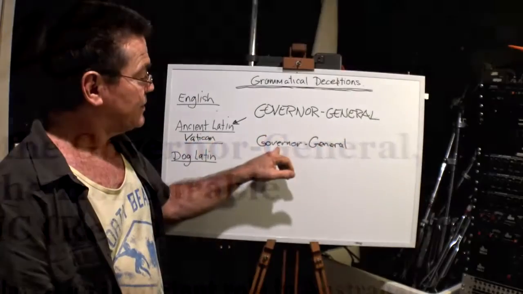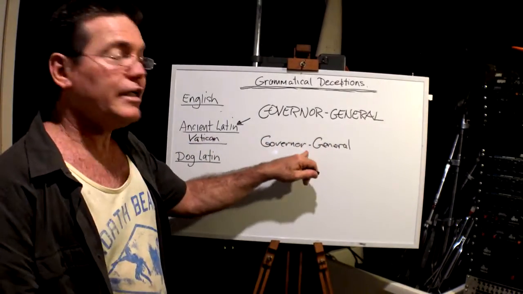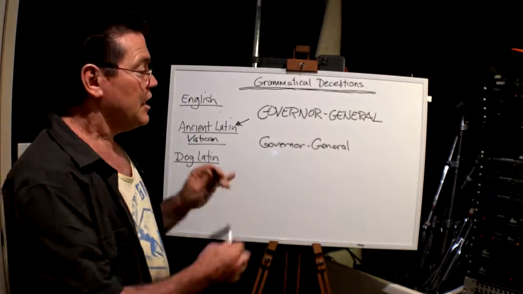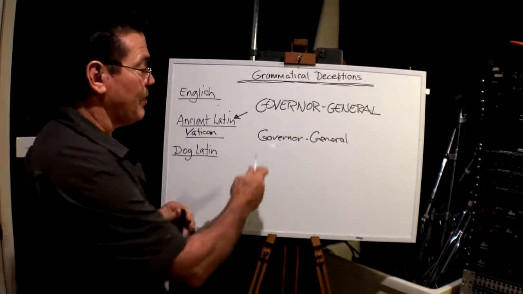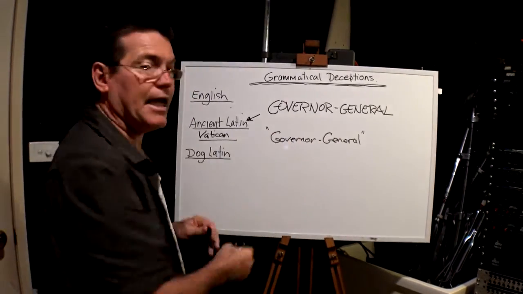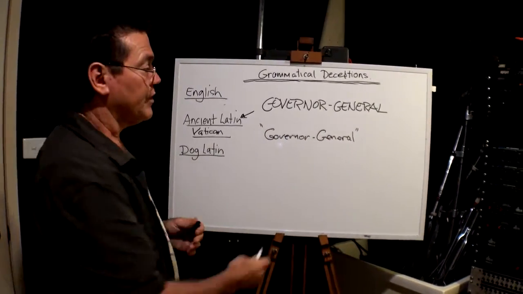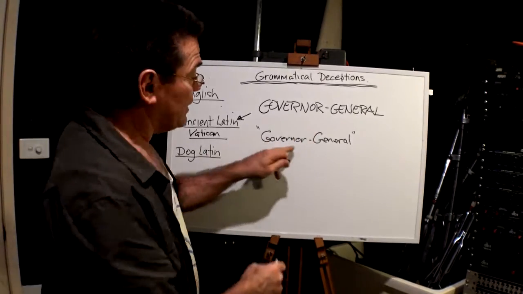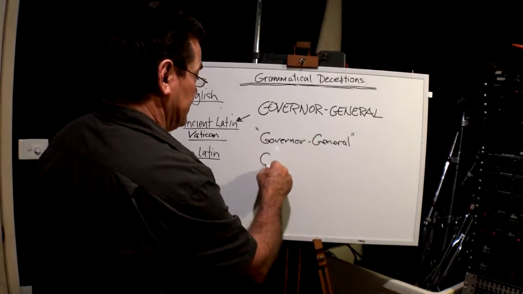Because what that does is destroy the English text, because to make two words appear as one name, as in Governor General, this would translate as this.